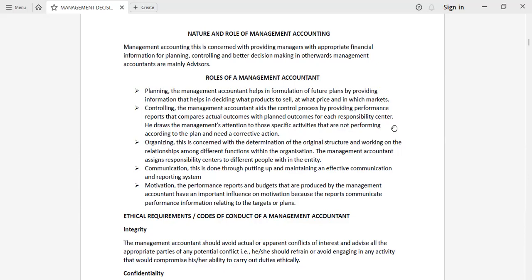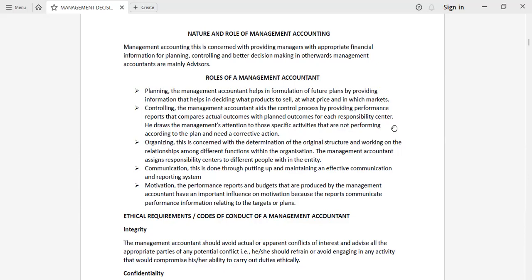That's all about management accounting, and it's what we can say as far as the definition is concerned. We've said it is just providing managers with financial information for planning and decision making.